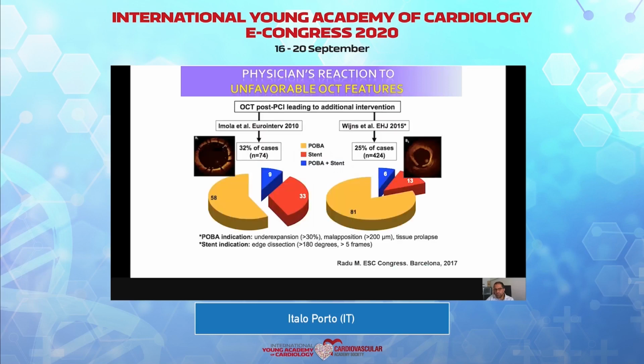So what do operators do when they see unfavorable OCT features? Most often, they give some other balloon inflations. In other cases, more rarely, they put another stent.